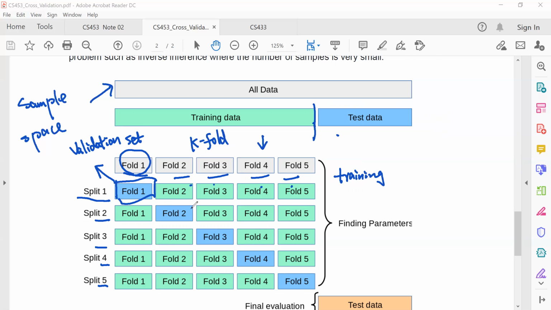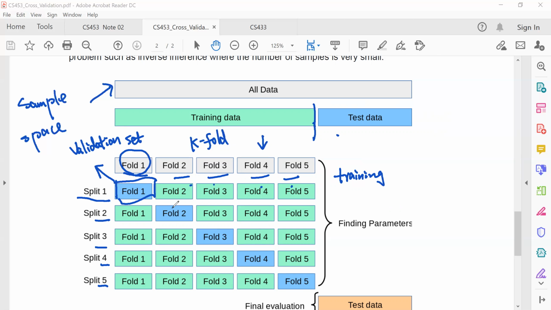If you just always pick fold 1, that can lead the model to lean toward a certain situation, and that's not good.